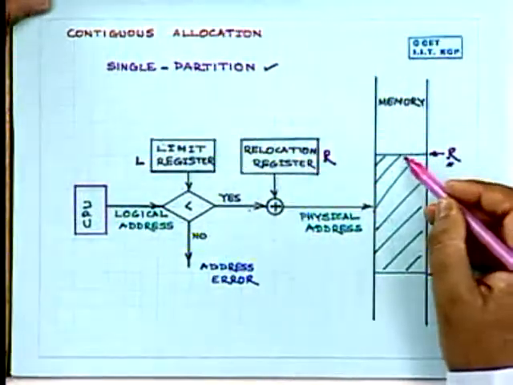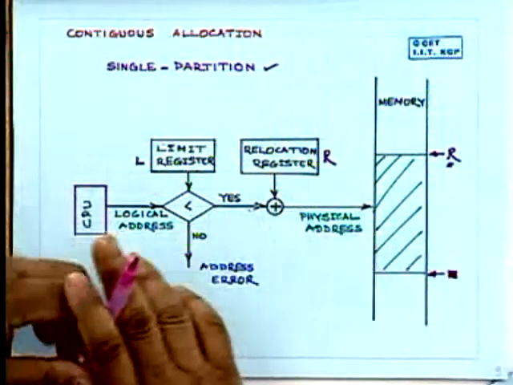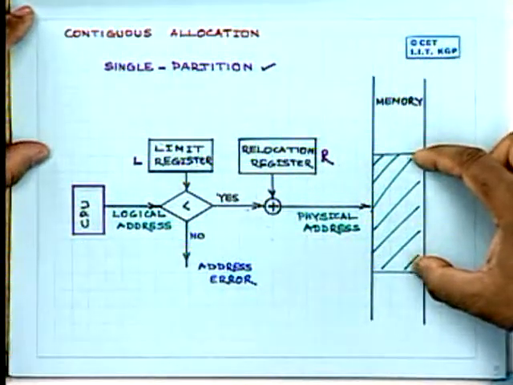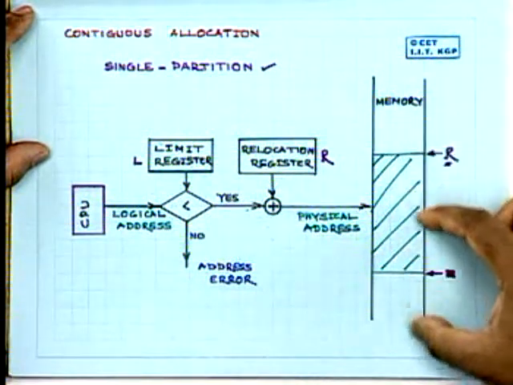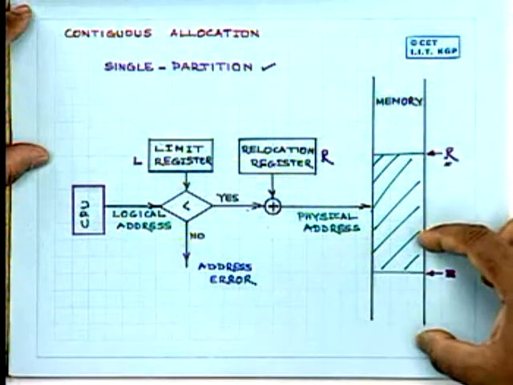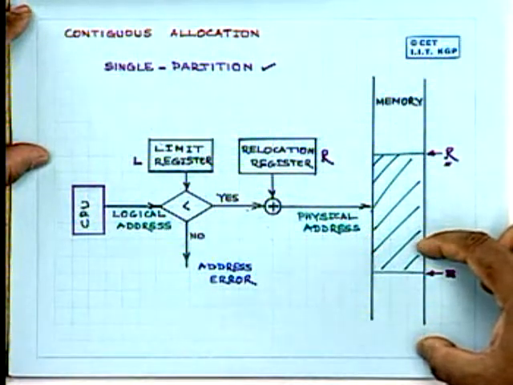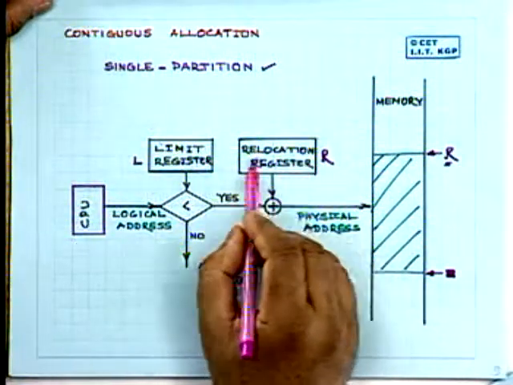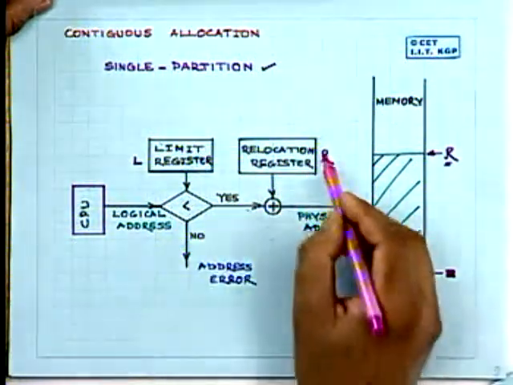Now, one important thing that I should mention here: let's say this partition is shifted in the memory anywhere. For example, instead of this place, which is originally say 1000, I want to shift to, say, starting from 5000. What I'll have to do is load the relocation register with the value 5000.